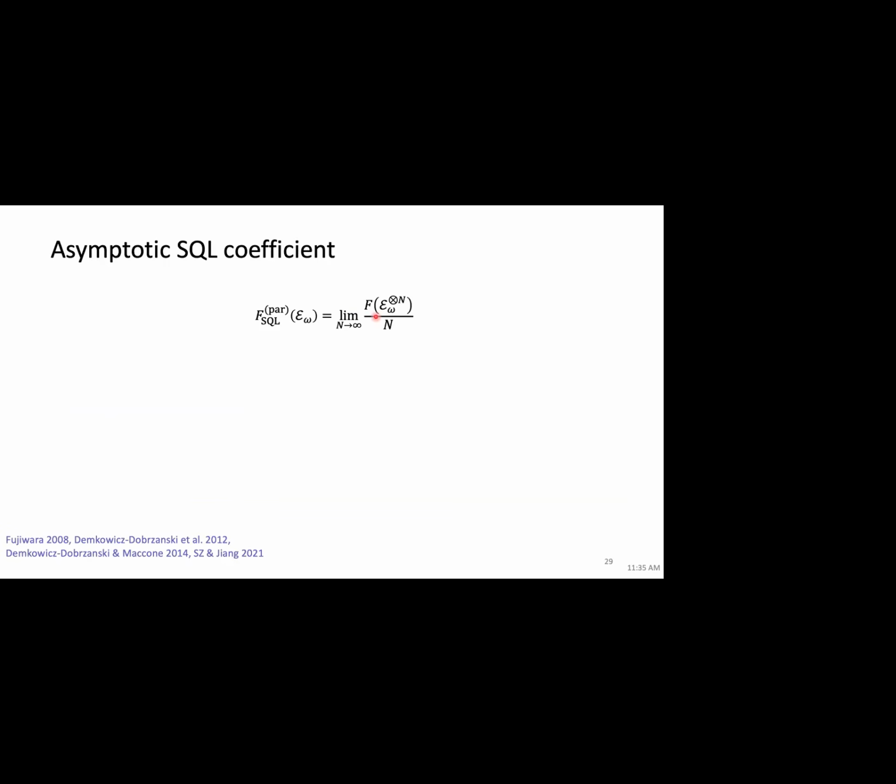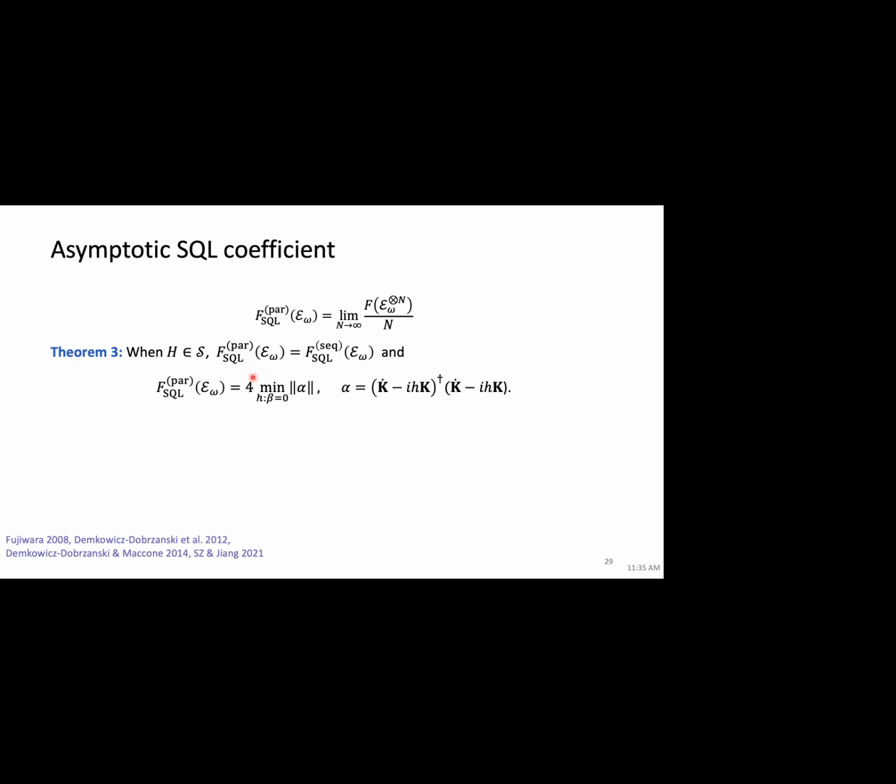The definition of the asymptotic SQL coefficient is the ratio between the quantum Fisher information of n copies divided by n. The conclusion is that when the Hamiltonian is inside the crossband, the coefficient for the parallel strategy is going to be the same as the coefficient for the sequential strategy. And moreover, they are equal to this quantity.